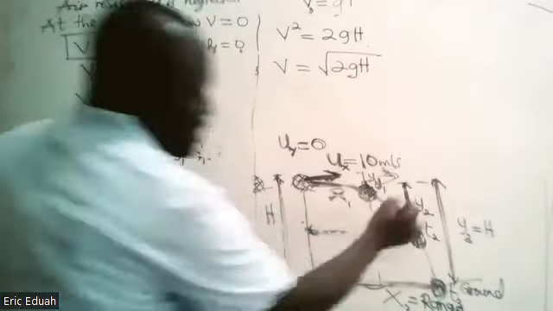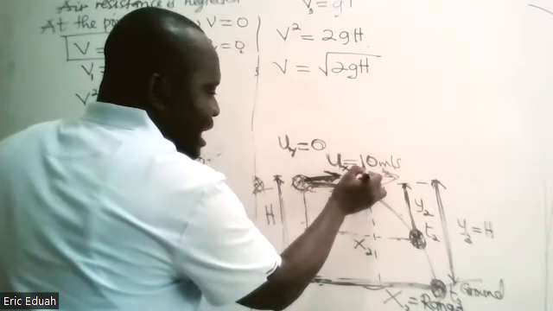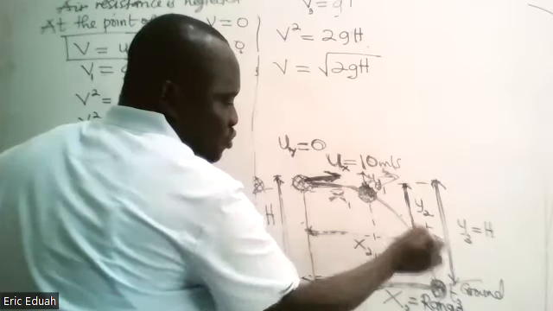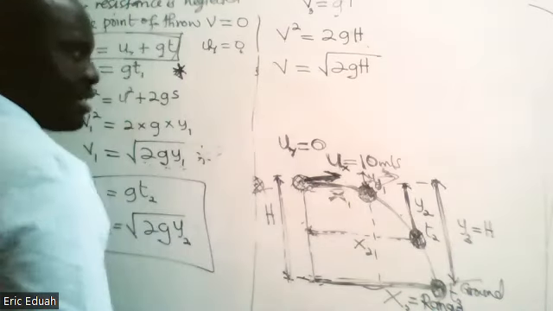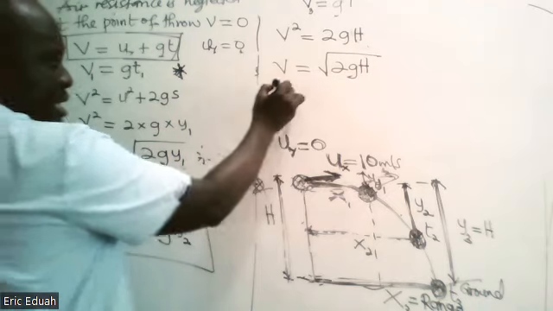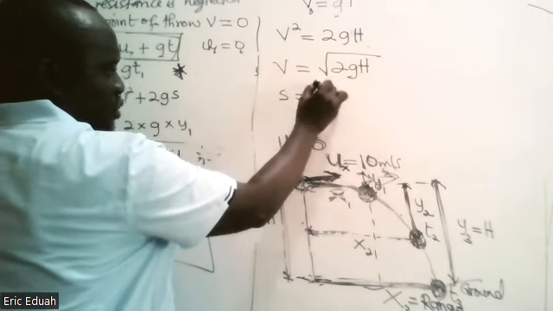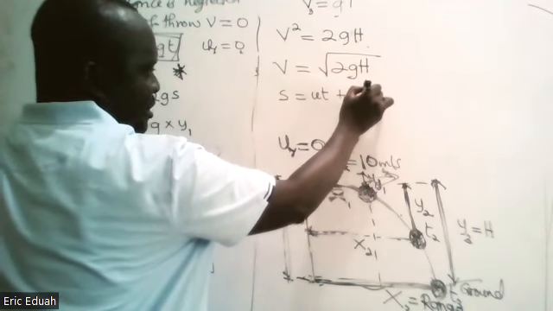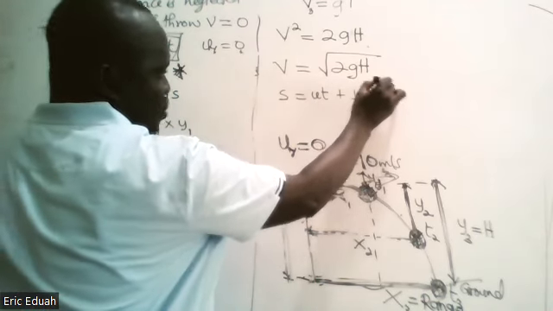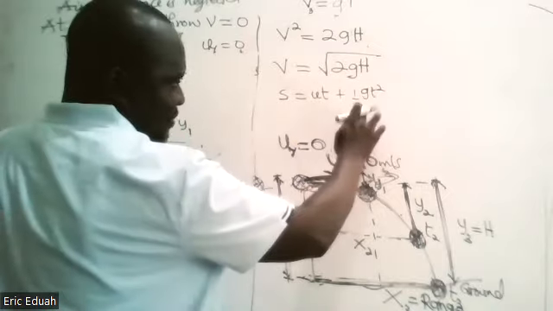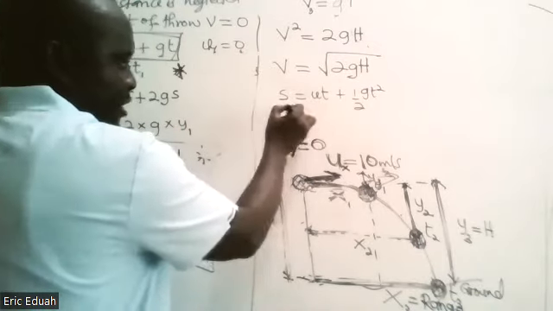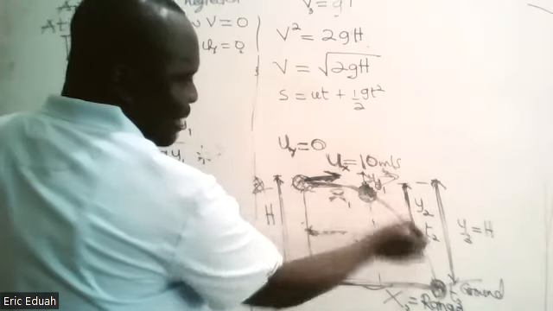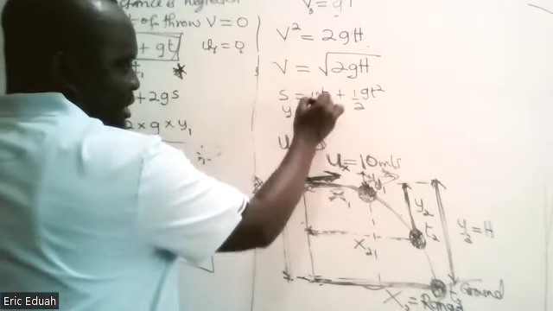Using S equals ut plus half gt squared. And here it is g because of gravity. Don't forget, we are representing the vertical height covered by Y.